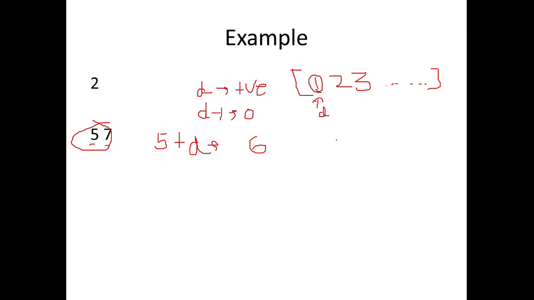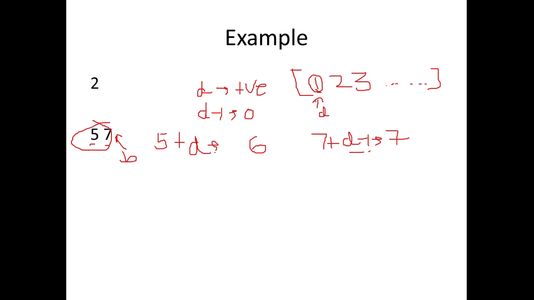Now adding d minus 1 to b: 7 plus d minus 1, as d was 1, so 1 minus 1 is 0, so the value of b will be unaffected.